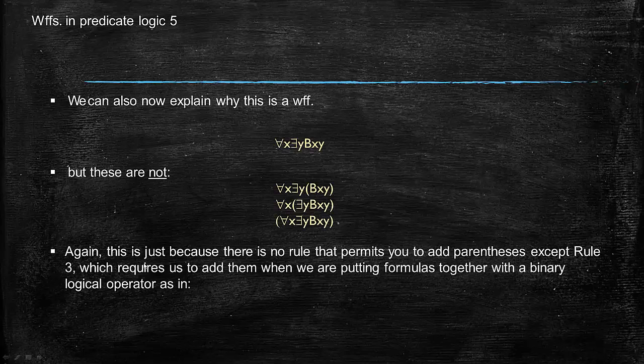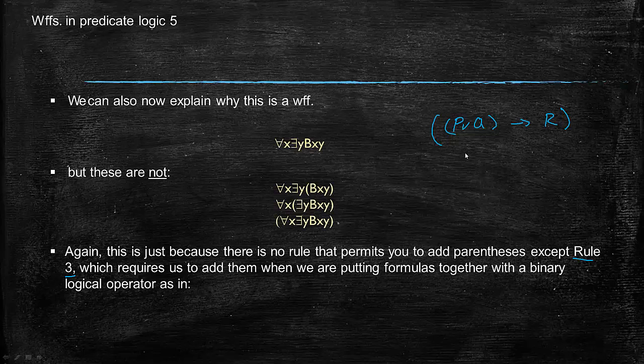You only add parentheses using rule 3 from propositional logic, which tells you that whenever you have two formulas, if you want to put them together with an operator, right? So remember from propositional logic, if you have a formula like P or Q and another formula like R, if you happen to want to put them together, you've got to add parentheses.